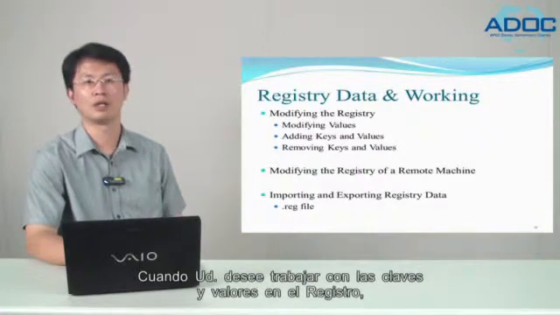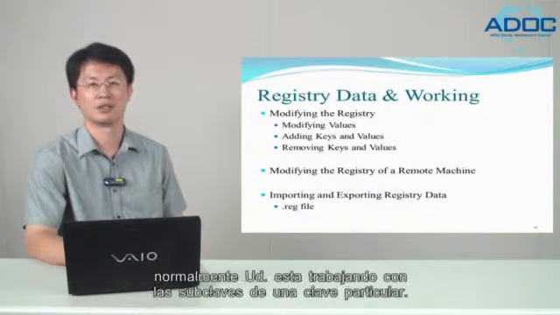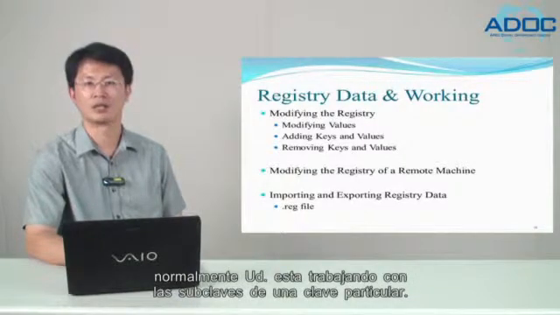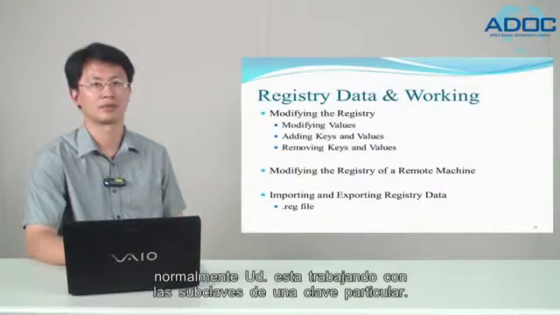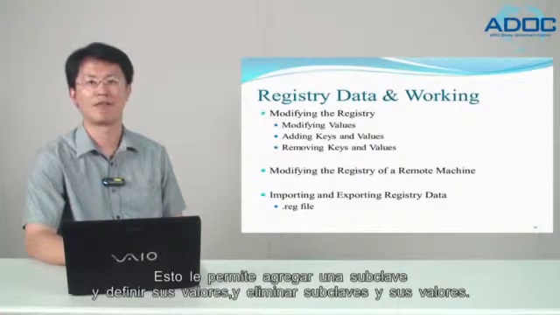When you want to work with keys and values in the registry, you typically are working with the subkeys of a particular key. This allows you to add a subkey and define its values, and to remove subkeys and their values.